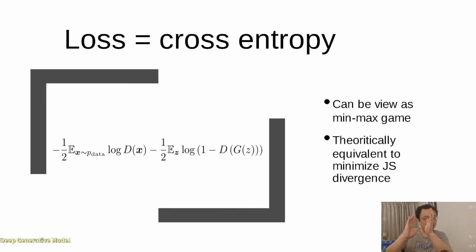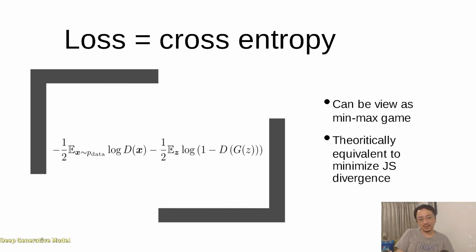This theoretical argument says that if we train our model well, it can achieve the optimal in the sense that if we measure the difference between these two distributions, the real one and the generated one, by Jensen-Shannon divergence, we have already achieved the optimum. So that's kind of interesting.